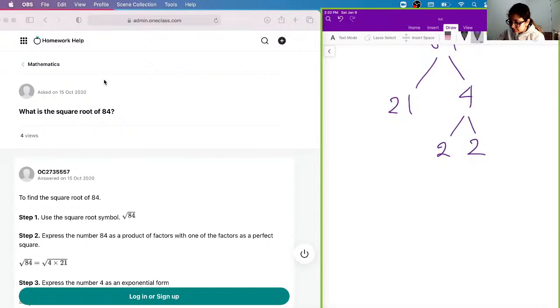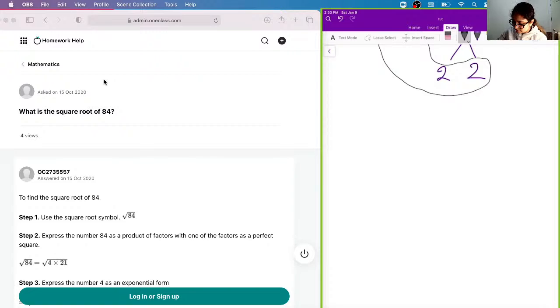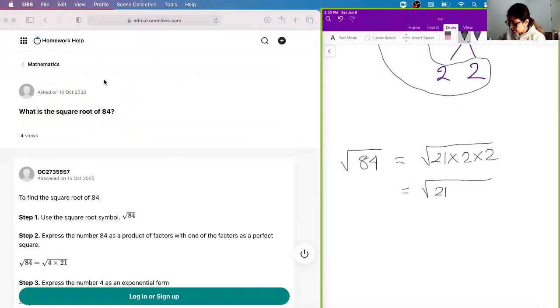So we will express our factors under a square root. We have the square root of 84 is equal to the square root of 21 times 2 times 2. So you have the square root of 21, and I'm going to pair the 2's together, so we have times 2 squared.